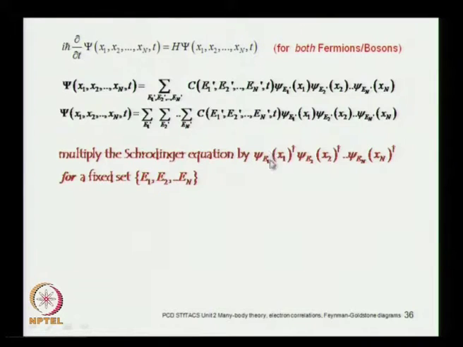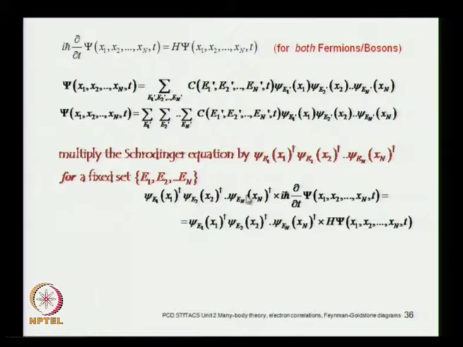So, you multiply by the adjoint of this product of single particle states, and for a particular set E1, E2, these are without primes. Okay. The primed variables appear in this summation. So, they are dummy labels, we do not want to use them, since we are multiplying it by a particular set E1, E2 up to En. So, you multiply the Schrodinger equation by this set.